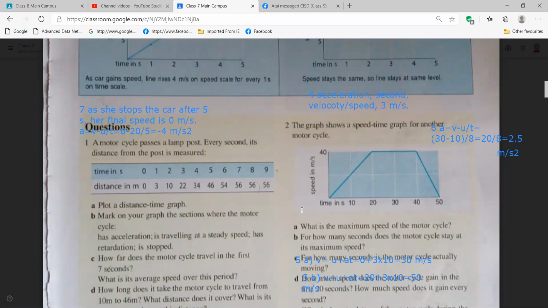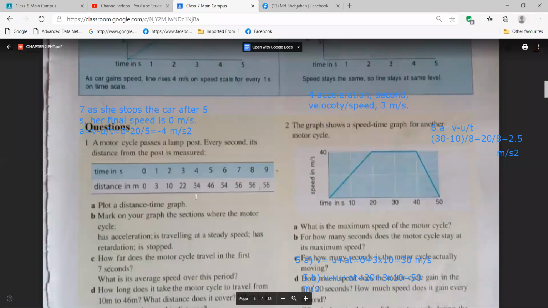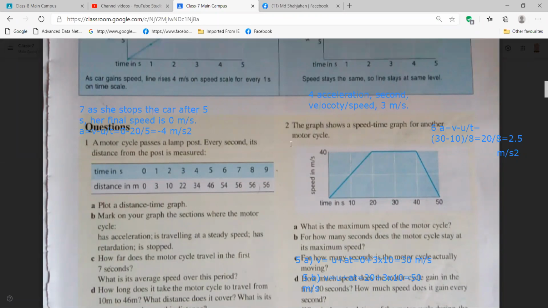And in our next class, we will try to discuss all of them. This is your homework. Try question 1 and 2. If you can't manage the graph, you can try with only question 2. Is it clear?